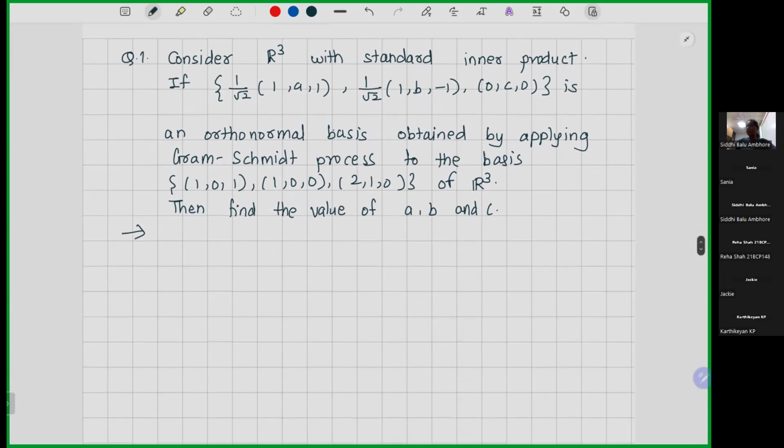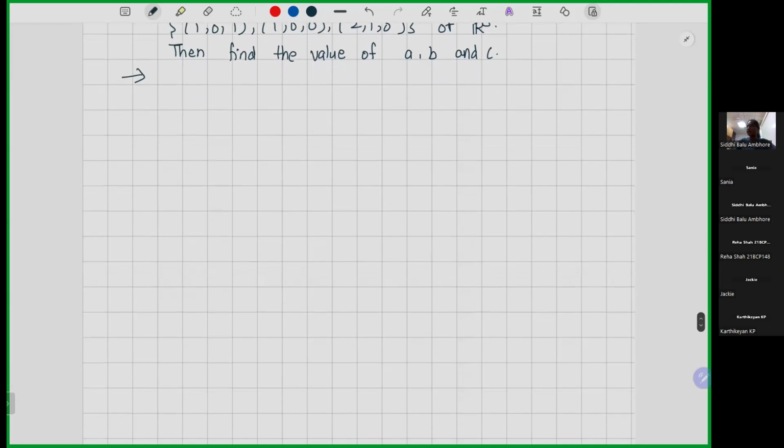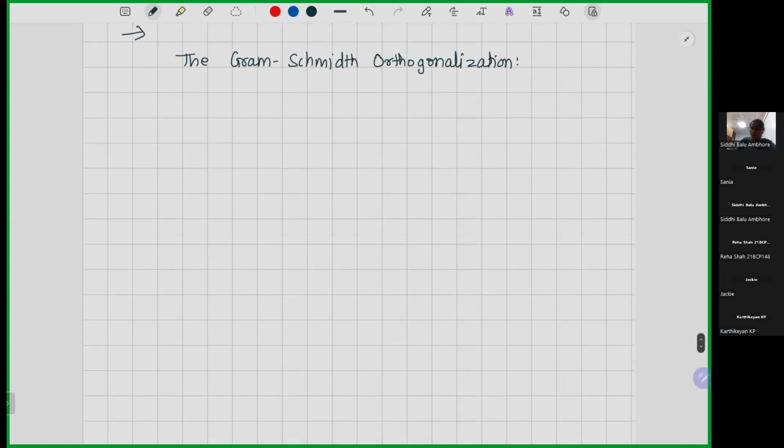First, let me go through quickly what the Gram-Schmidt orthogonalization process is.